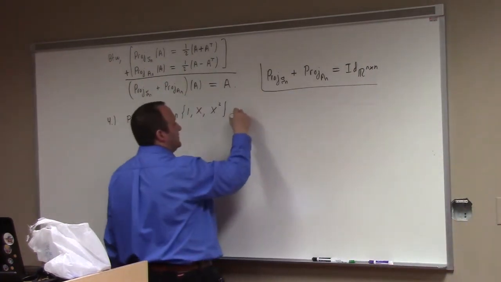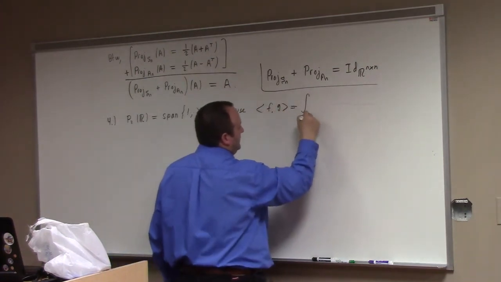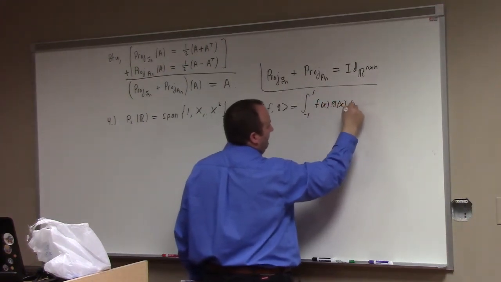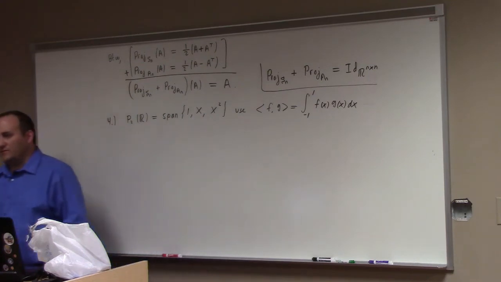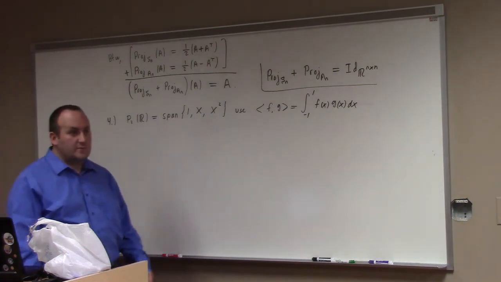We're going to use inner product of f and g equal to the integral from -1 to 1 of f of x, g of x dx, okay? That's an inner product for the same reason that the integral from 0 to 1 formed an inner product. We threw that out as an example in the first day. You could change the domain of integration and the arguments still go through.